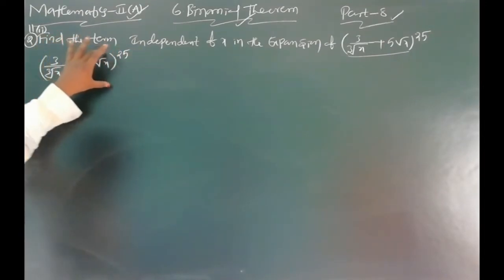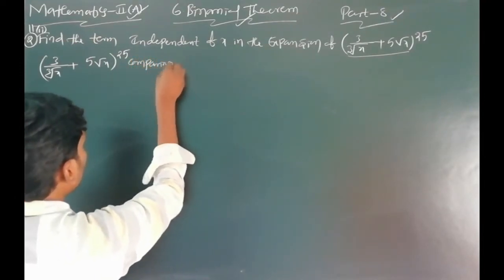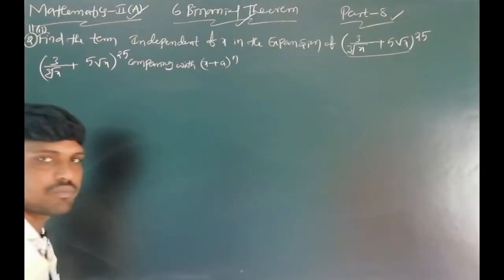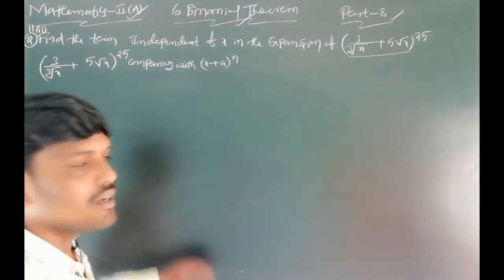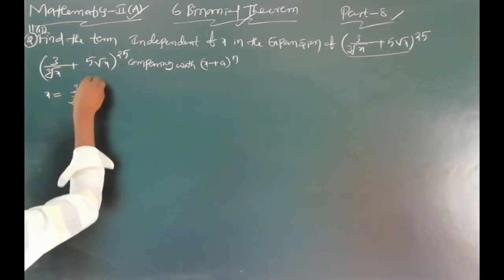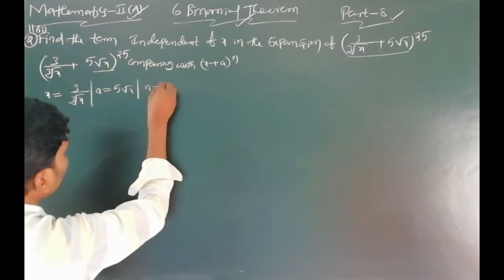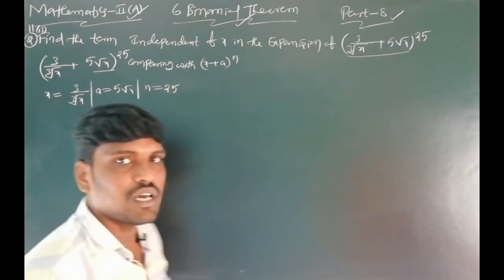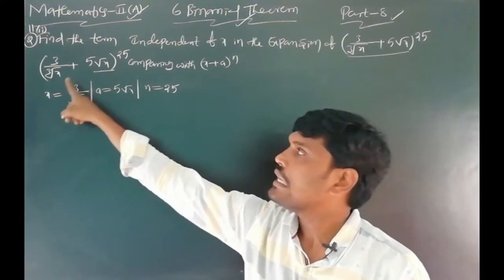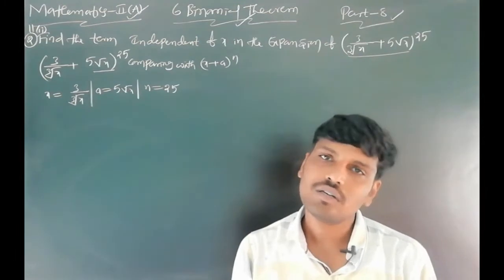This expansion, comparing with (x + a) all power n, gives x is equal to 3 by cube root of x, a is equal to 5 root x, and n is equal to 25.